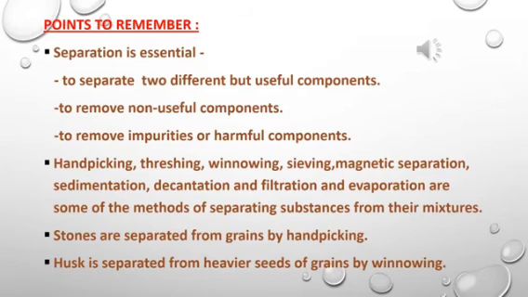Handpicking, threshing, winnowing, sieving, magnetic separation, sedimentation, decantation, filtration and evaporation are some of the methods of separating substances from their mixtures. Stones are separated from grains by handpicking. Husk is separated from heavier seeds of grains by winnowing.